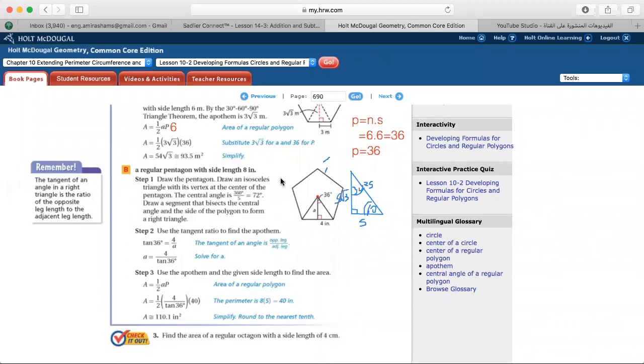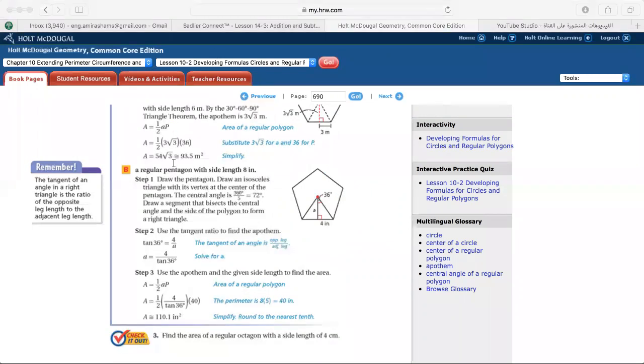Okay, girls, so another example here: a regular pentagon with side length 8 inches. Pentagon means 5 sides. They want to get the area of this pentagon. To get the area, I must get the apothem and the perimeter.